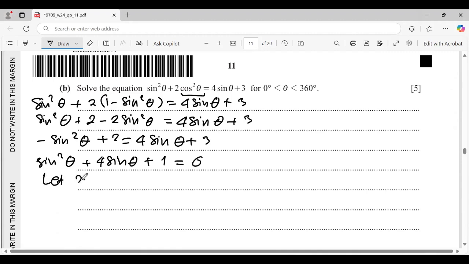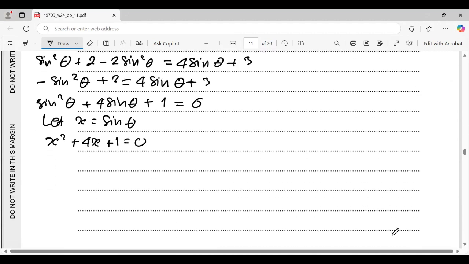Substitution: let x equal sine theta. So this equation becomes x squared plus 4x plus 1 equals 0. So we're going to find the value of x, x1, x2, using the quadratic equation formula: minus 4 plus or minus square root of 4 squared minus 4 times 1 times 1, divided by 2 times 1.